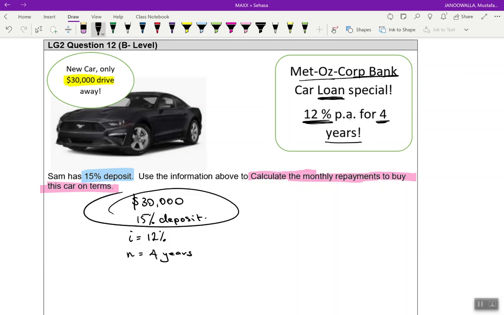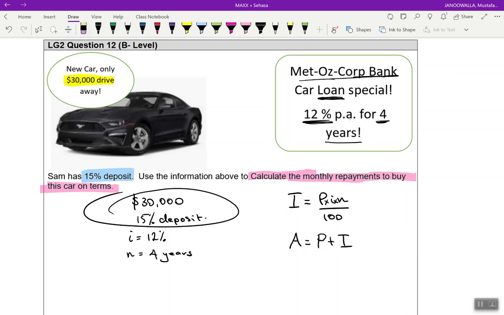If you look at the front of your page, at your formula sheet, you'll find it: simple interest equals PIN over 100. So it's just multiplying all the values and dividing by 100. You'll get the amount of interest, and then you will use the other formula to find the total amount he will have borrowed, which will be that original amount, the principal, plus this interest that we will calculate.